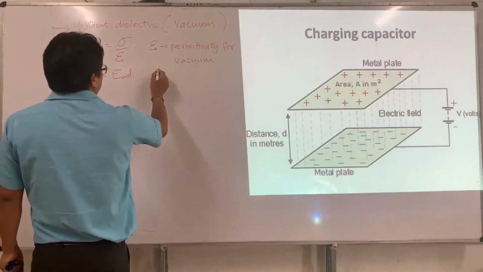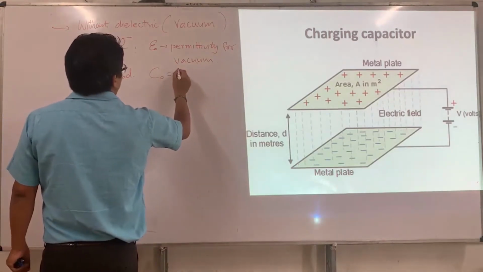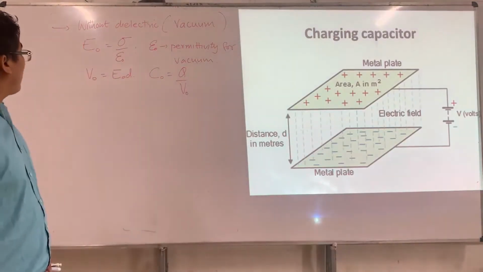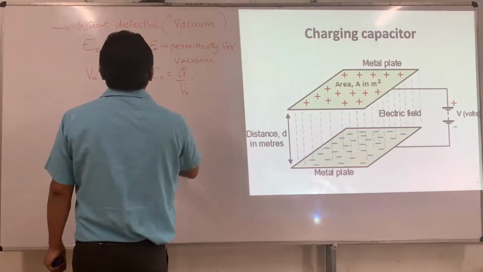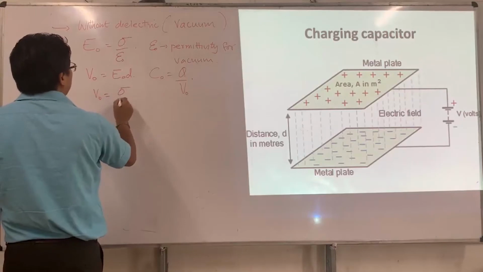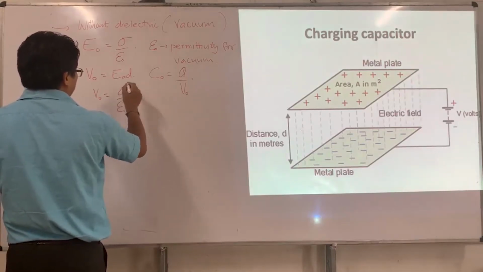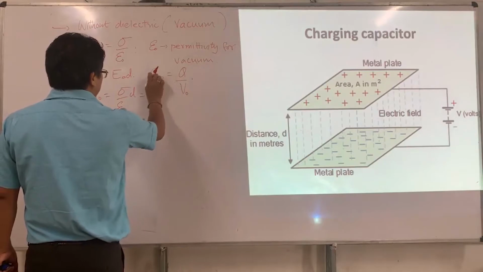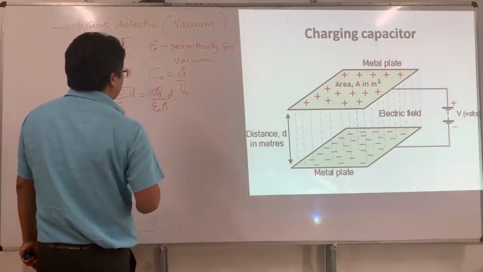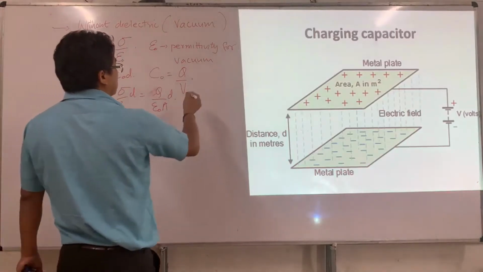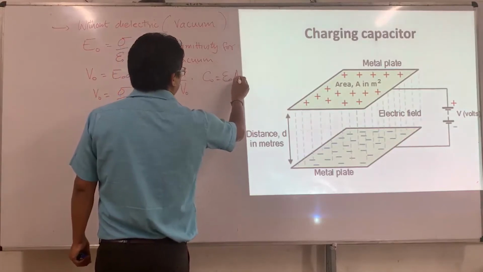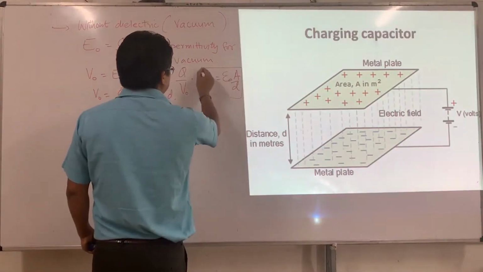And then the capacitance is going to be Q divided by V naught, where V naught is sigma by epsilon naught times d, so this is Q divided by epsilon naught A d. Finally what we get is C naught equals epsilon naught A by d.